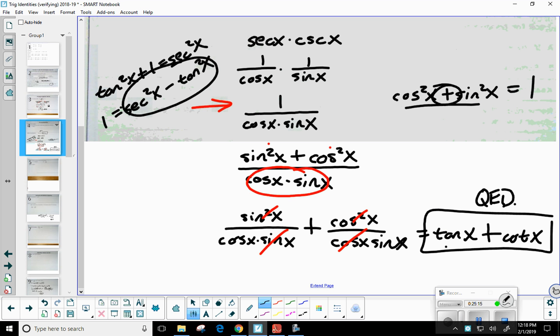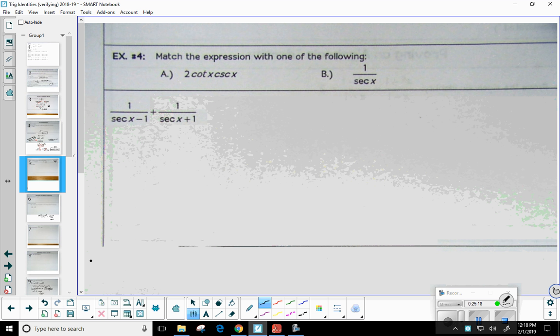Okay. All right. Let's try this one. Okay. So it says match the expression with one of the following. So this one here should become 2 cotangent x cosecant x, or it should become 1 over secant of x. So it's kind of like a multiple choice problem, but there's only 2 choices. Okay.